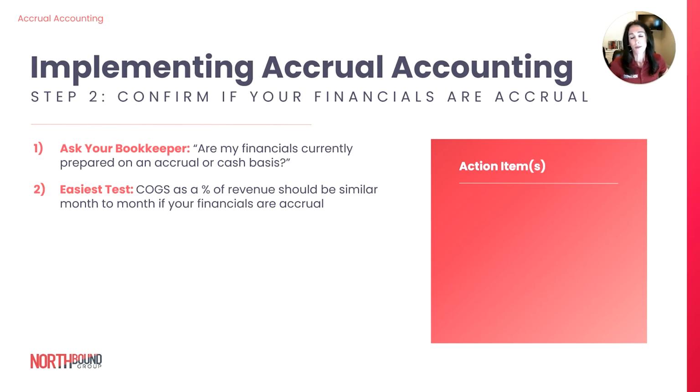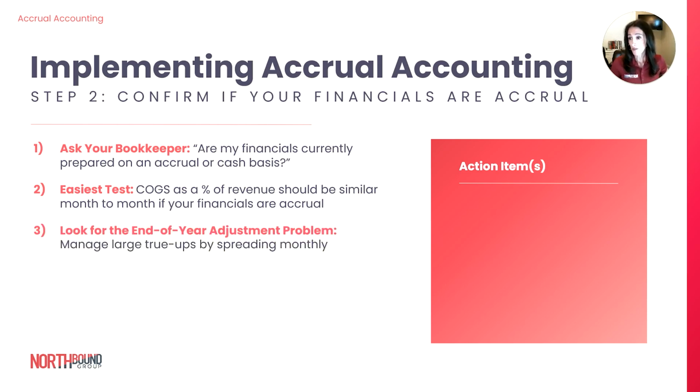So, the best indication of accrual format is when you look month after month and your COGS as a percentage of revenue is very close, maybe a couple percentage points here or there, but it should not drastically change month after month.